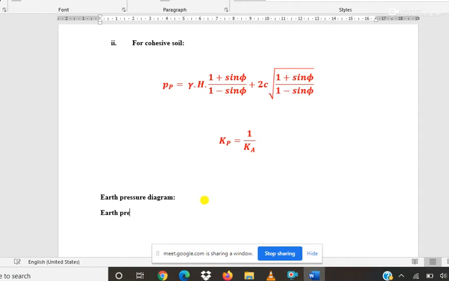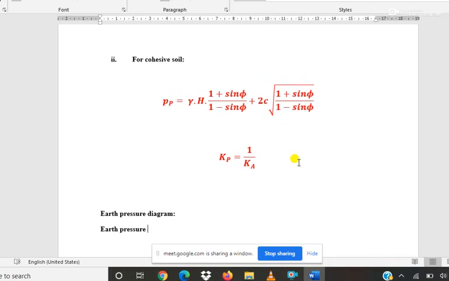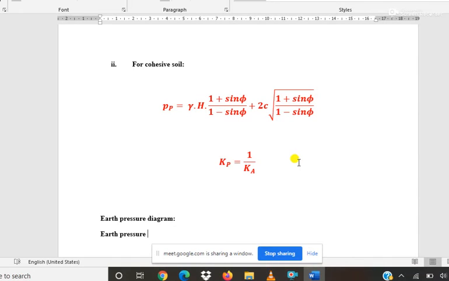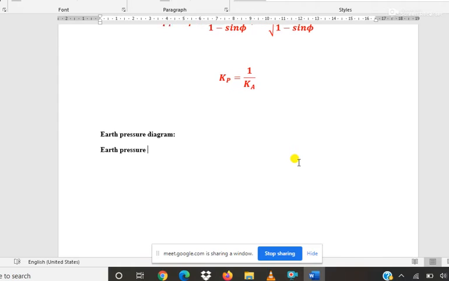Earth pressure diagram is nothing but the diagrammatical representation of earth pressure in a graphical figure. Earth pressure means exactly the lateral earth pressure, and graphical representation means in graph how we have plotted the values of different points.